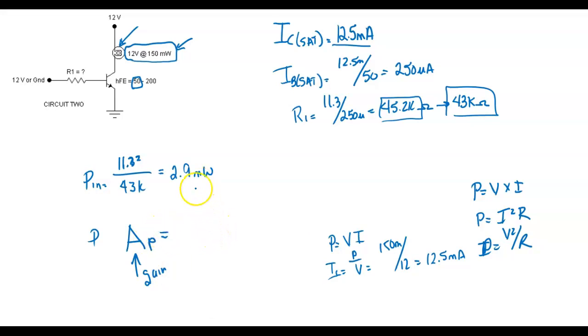Anytime I calculate gain, it's out over in: 150 milli over 2.9 milli. So what would my power gain be? It's 52. And what unit is that? It doesn't have a unit, it's gain, right? So if I know the power gain and how many watts I put in, I would multiply by 52, and that would give me the watts out.